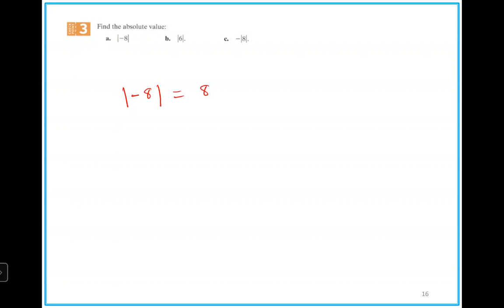But in the last one, they have the negative outside of the vertical lines. So while the absolute value of 8 is equal to 8, because they have that minus sign in front, it's going to be equal to negative 8. So C is equal to negative 8.